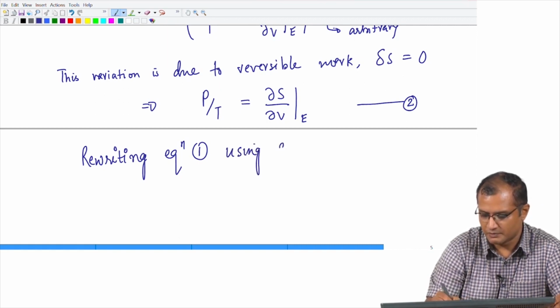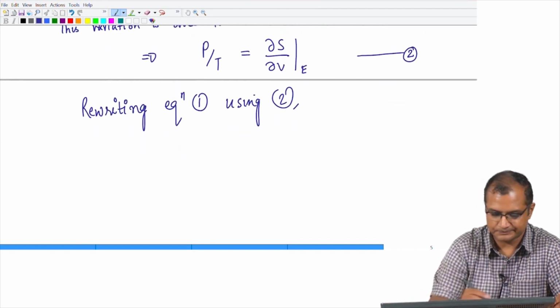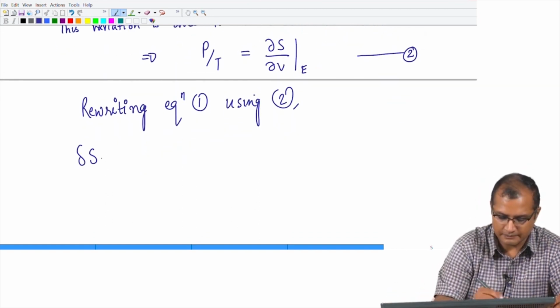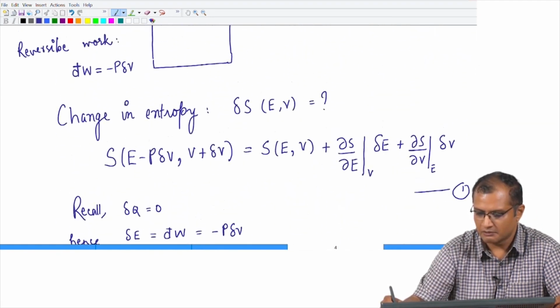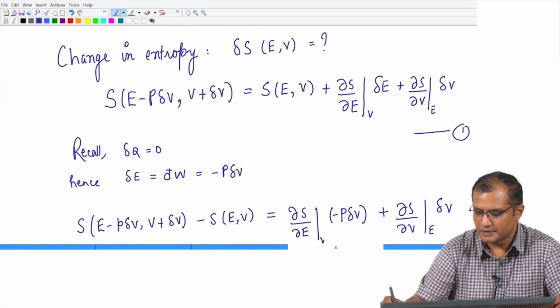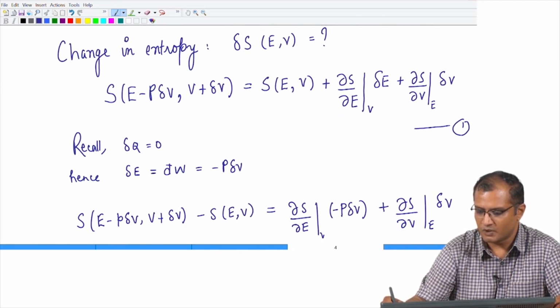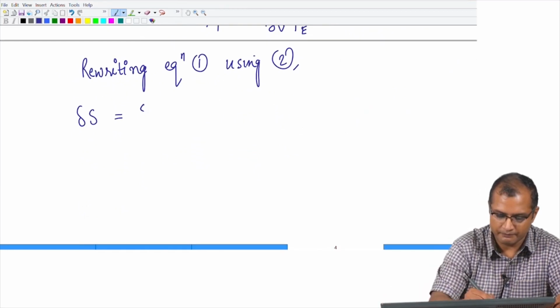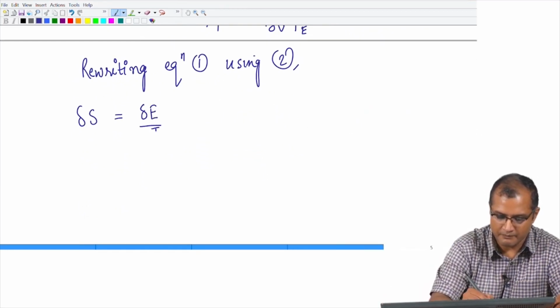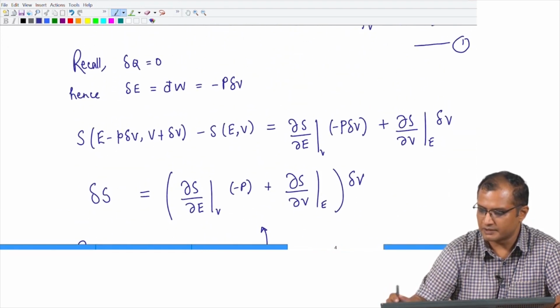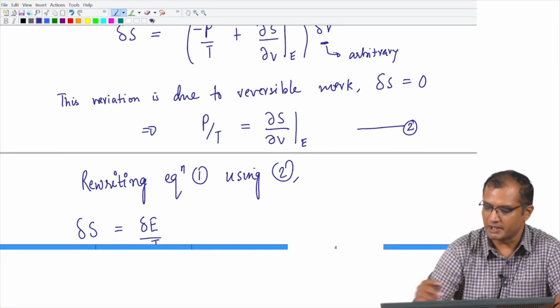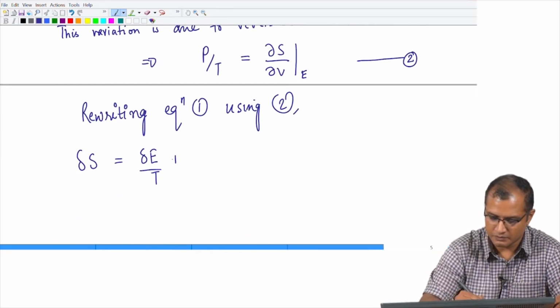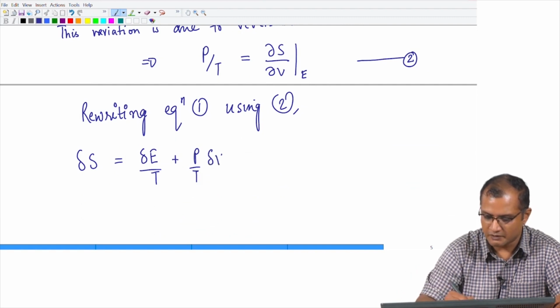Using equation 2, I can say that delta S is basically del S over del E, which is 1 upon T, and the third term here is del S over del V at constant energy, which is equal to P by T from equation 2, into the variation in volume delta V.